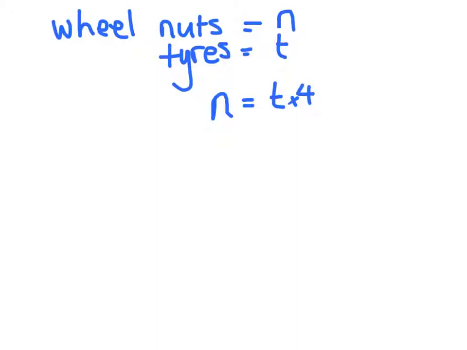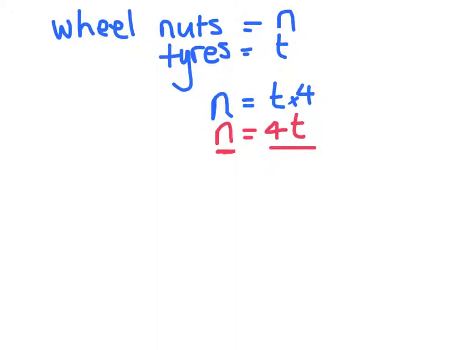Two things are wrong with that. Remember, in algebra, we don't put the times in, and we don't like having the letter before the number. So really, a better way to write that one, N equals 4T. Does that make sense? The number of wheel nuts equals 4 times the number of tyres.